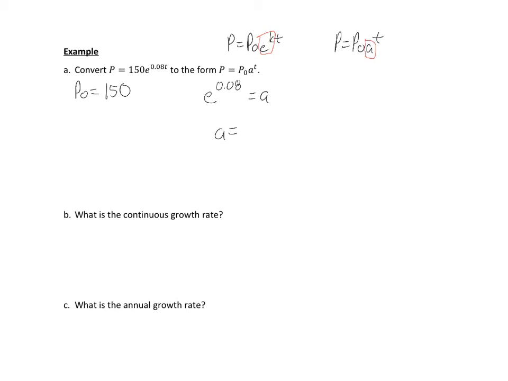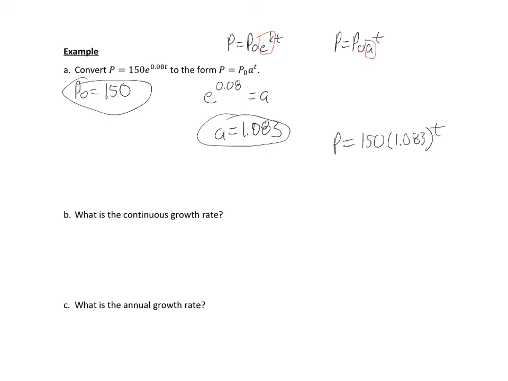But a comes out to be, to 3 decimal places, 1.083. So now we have all the pieces that we need. We have a, and we have P naught. So P equals 150 times 1.083 to the t. That is our new function. That is the one we were trying to write.